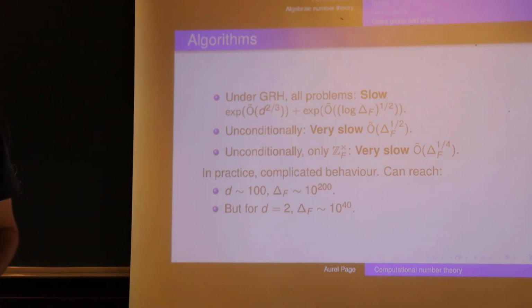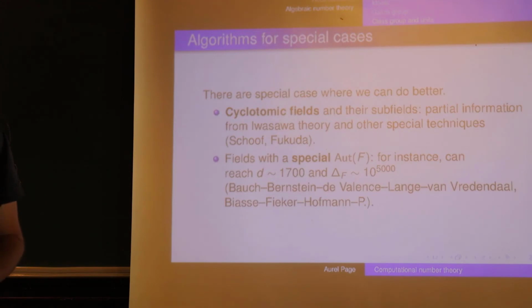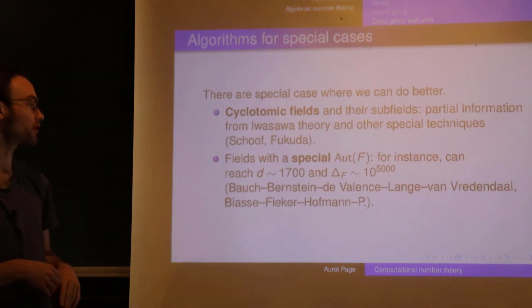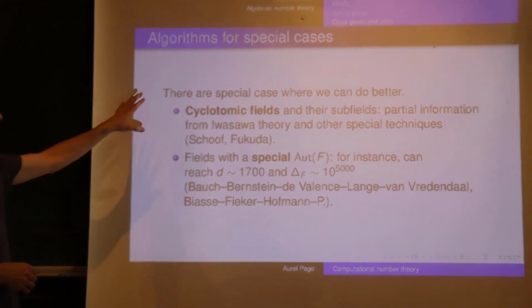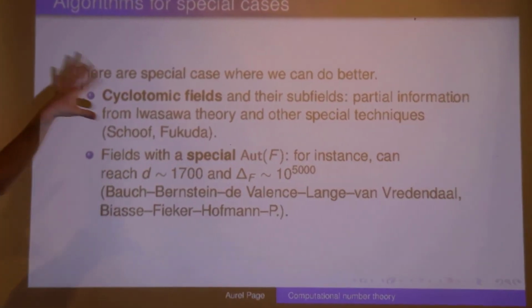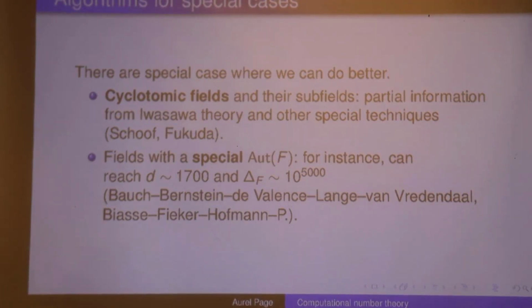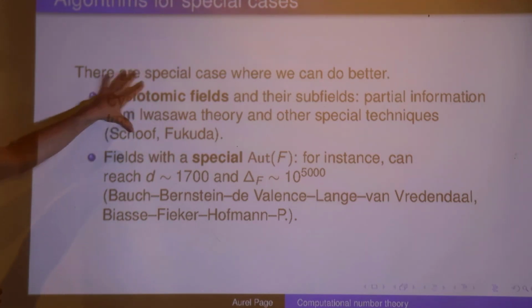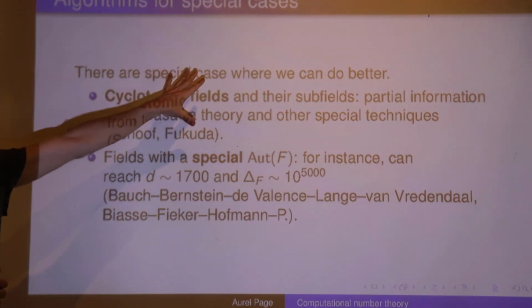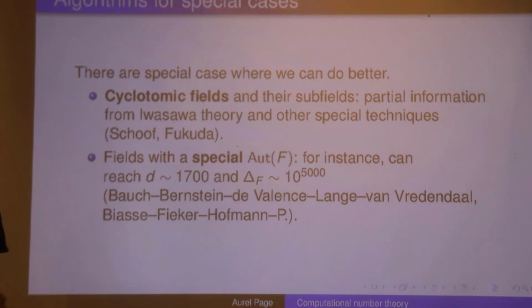And I would just want to finish on algorithms for special cases where you can do better than these slow running times. For instance, fields that have a very special structure, such as cyclotomic fields, will have specialized algorithms that work better on these. I'm not going to say much, but for a cyclotomic field, you can extract partial information, but for very large ones.